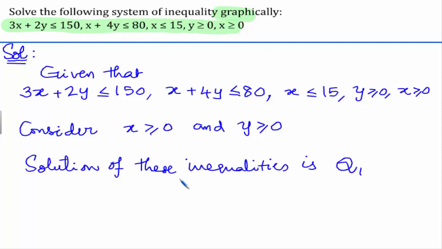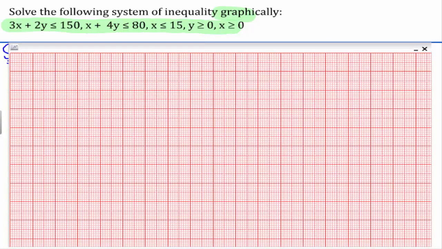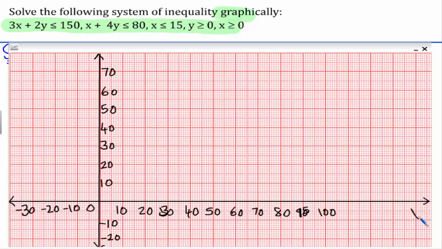So the solution of these 2 inequalities is quadrant 1 because x is greater than or equal to 0 and y greater than or equal to 0. Let us draw the graph for them now. In this system, this is the x-axis, this is the y-axis.